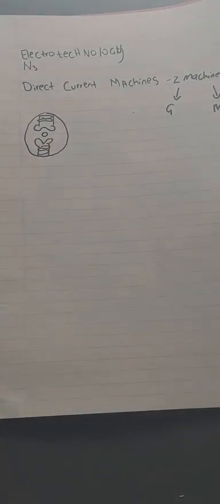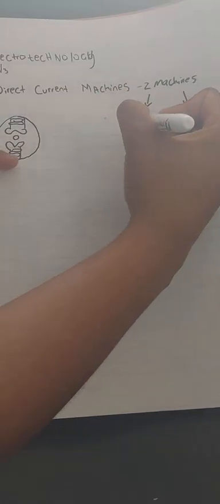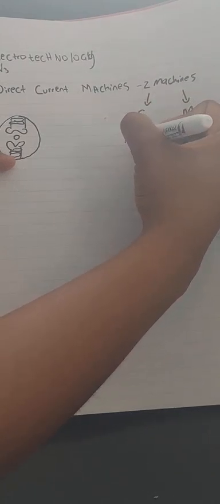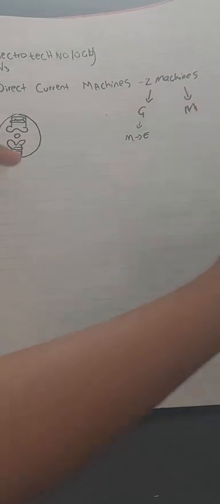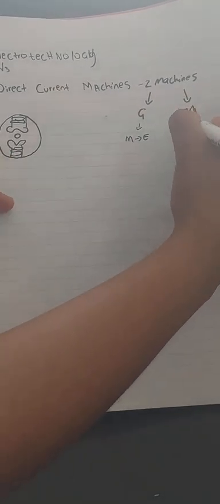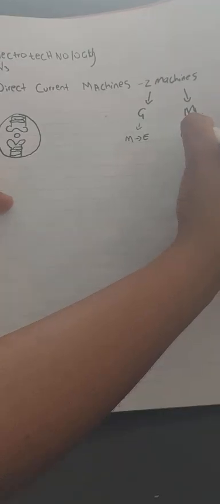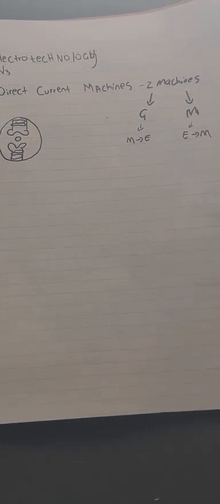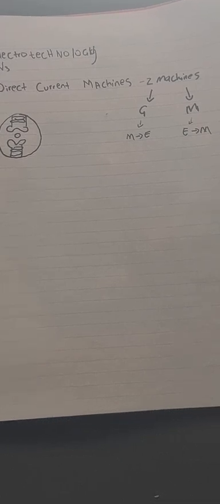A generator changes mechanical energy to electrical energy, while a motor changes electrical energy into mechanical energy. Remember that direct current machines include two machines, a generator and a motor. A generator converts mechanical energy into electrical energy, and a motor converts electrical energy into mechanical energy.